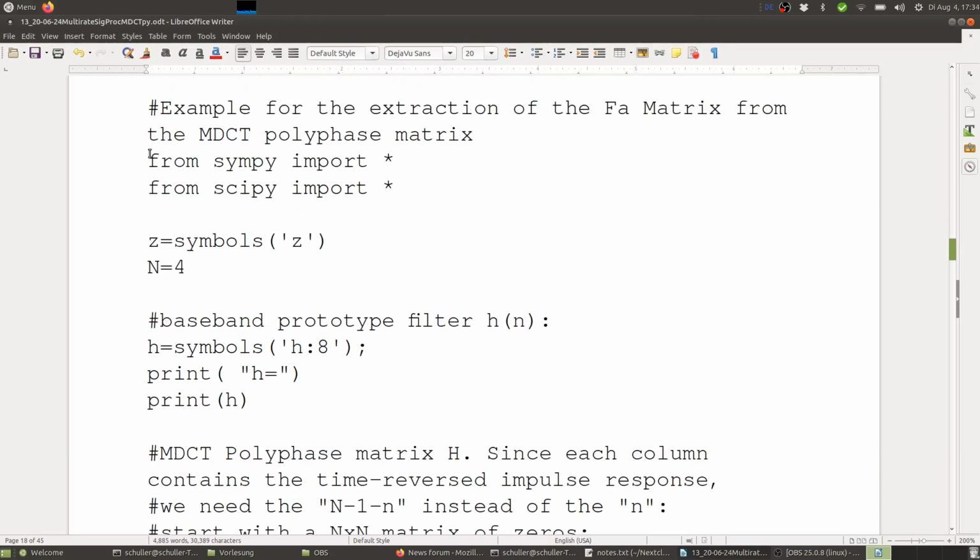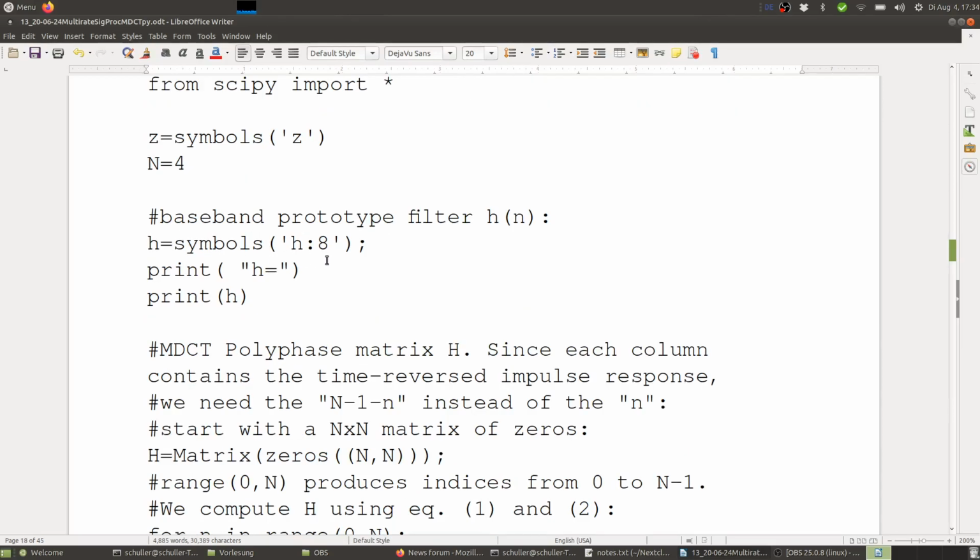So here you can see it. From SymPy import everything, from SciPy import everything. Here we define z again as a symbol. N equals 4 subbands. H is also symbols, which get indices from 0 to 8. Then we print them.